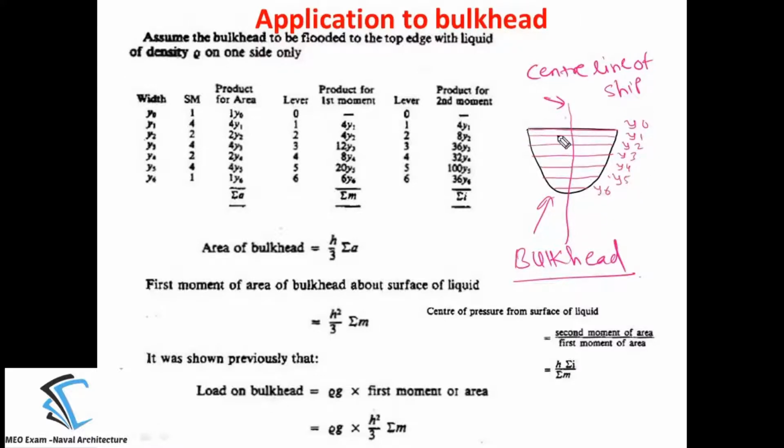These widths will be given to us, and the spacing between these widths is also given to us, that is h. Now you can see here we have to calculate the total area of the bulkhead, the location of the center of pressure from the top of the bulkhead, and the load acting on the bulkhead. These are the three things you have to find out.